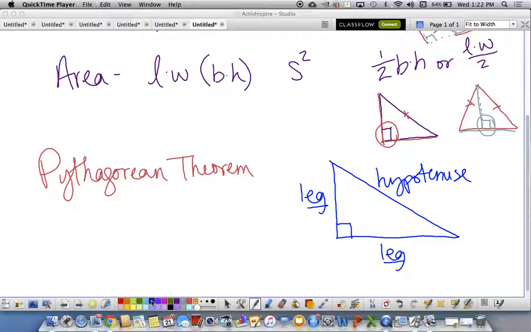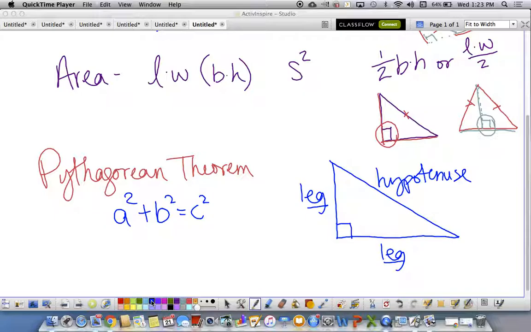The sum of the legs squared. So you have to know that this is a leg and it's squared, and this leg squared will equal the hypotenuse squared. Yes, I know we all need to know a squared plus b squared equals c squared. But you need to know that it's the legs, and only right triangles have legs. So if they're talking about the leg of the triangle, that should be an indicator that it's a right triangle.